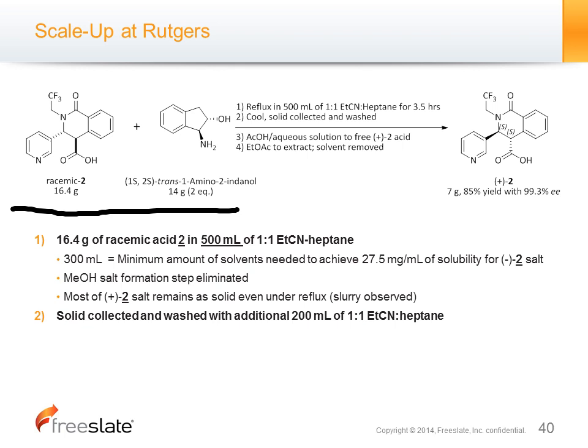If you calculate it, 300 mL is the minimum amount of solvent needed to dissolve all the +2 salt. So you have an additional 200 mL to make sure all the -2 salt has been dissolved, because you want the solid collected to have the highest EE possible.